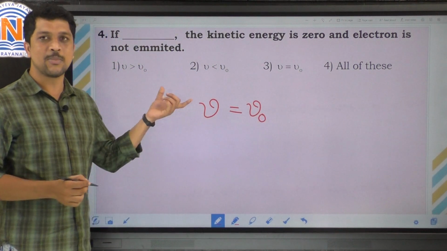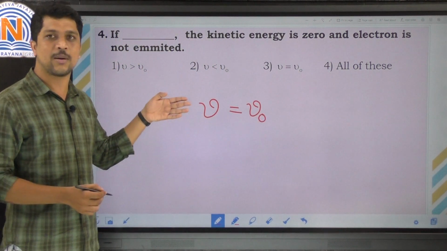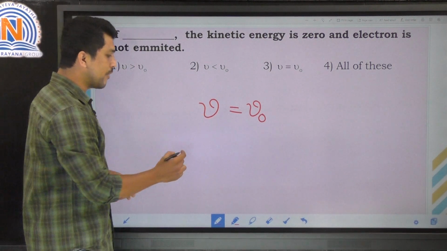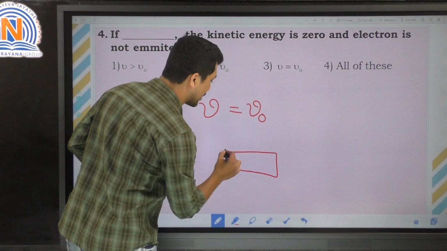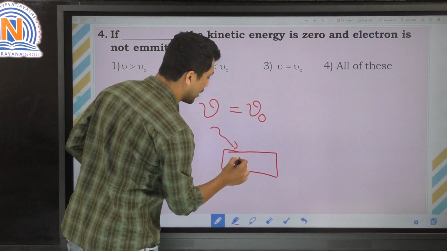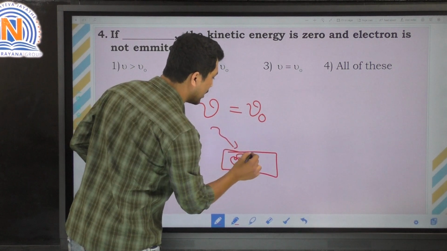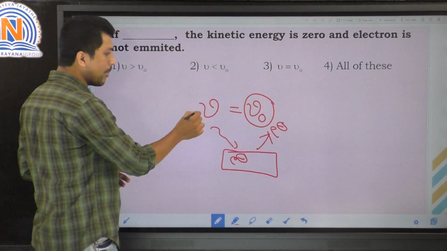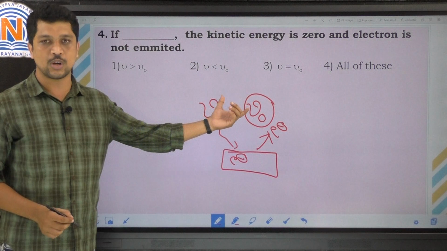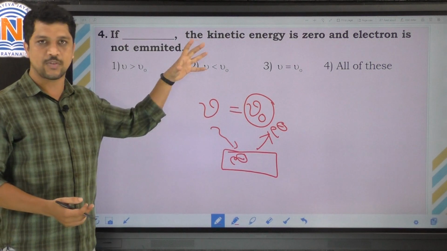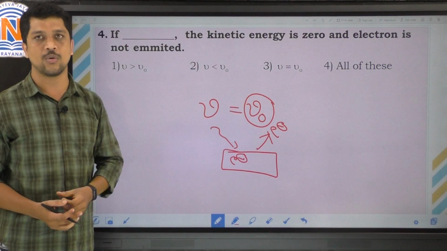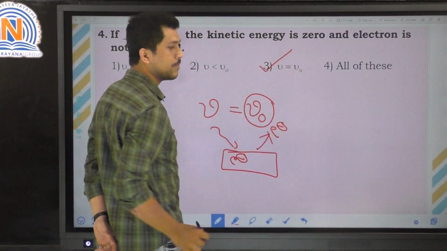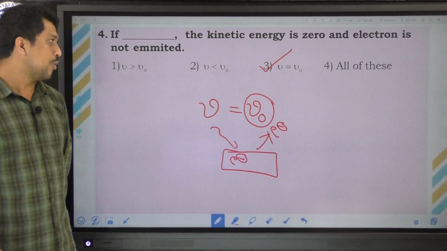The threshold frequency is the minimum frequency at which, whenever the beam of light strikes the metal surface, the electron will eject from the surface of the metal, right? So this minimum frequency is called the threshold frequency. When the frequency of light equals the threshold frequency, the kinetic energy of the electron is 0. So the correct option is the third option. Let's move on to the next question.